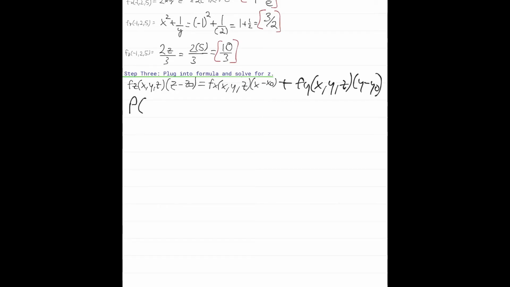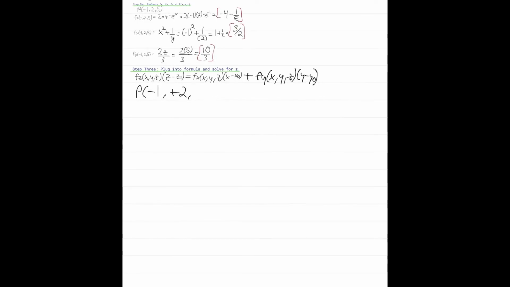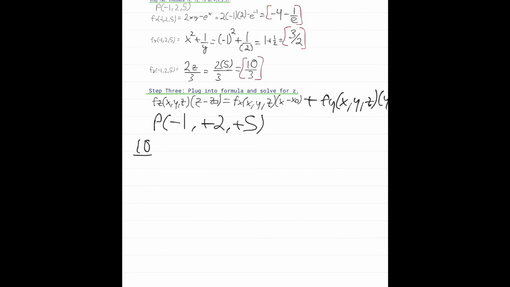So first thing I'm going to do is copy the point that we have. And the point that we have is -1, 2, 5. From here, now we set it up the way we see the equation. So we have the term partial z evaluated at x, y, z, times z minus the point z, which is z minus 5.